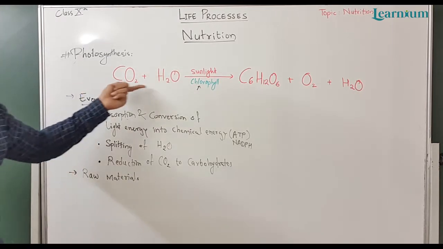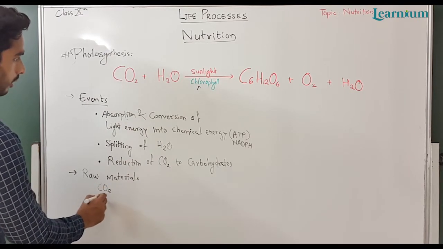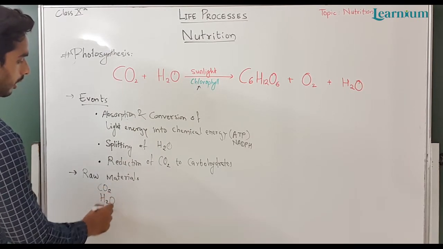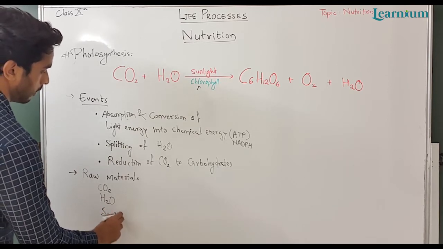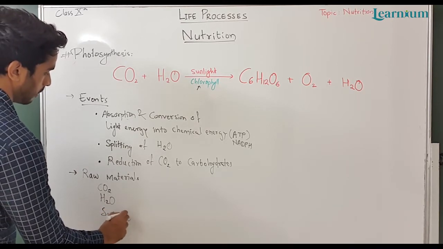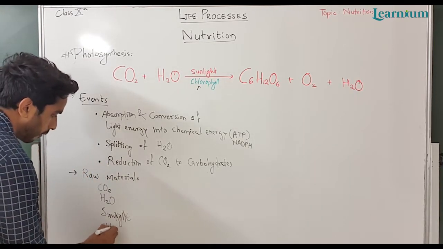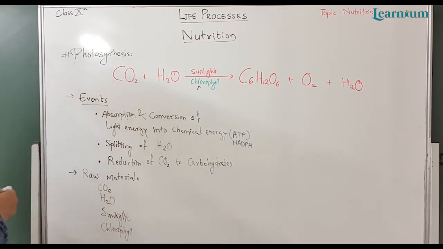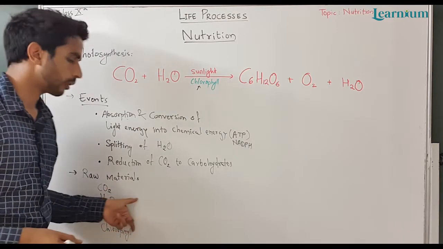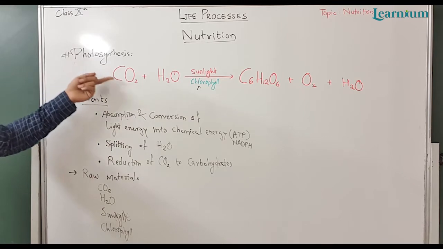From this equation, carbon dioxide is the first raw material, H2O second, third is sunlight, and fourth is chlorophyll. So these are the 4 components which are utilized in the process of photosynthesis.